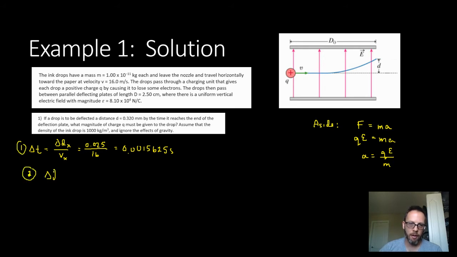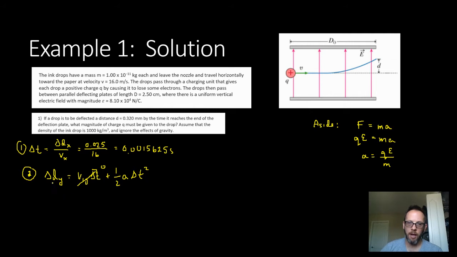And I'm going to set up this kinematic equation in the y direction, delta dy equals v1y delta t plus 1/2 a delta t squared. Now, when the ink droplet enters the parallel plates, what's its vertical component of velocity? It's 0, right? Because it's moving horizontally through.